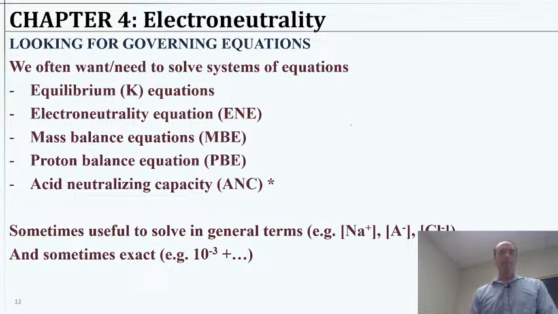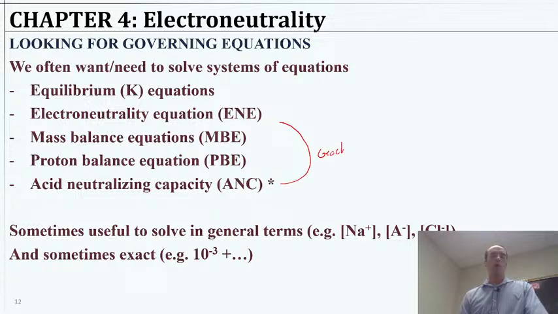Related to that, I don't think the book goes into this right now, but I'm adding this myself. In geochemistry fields, we often look, and I think we should cover this later, but we connect electroneutrality very closely with acid neutralization capacity, so ANC.